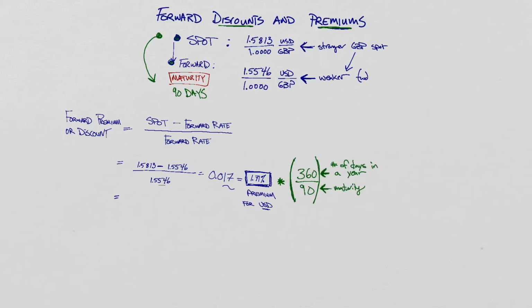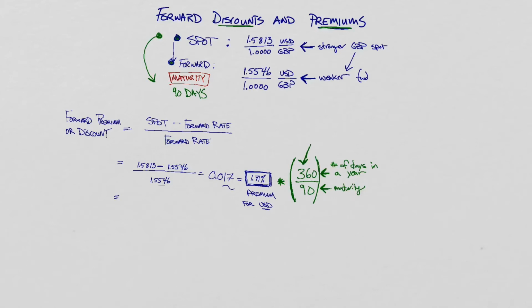by using the ratio of the number of days in a year relative to the maturity of this contract. And I realize that the number of days in a year isn't actually 360 days, but sometimes by convention, the forward contract will be annualized by either 360 or 365. So it just depends. But as far as homework, they'll give that to you. They'll tell you to specify.